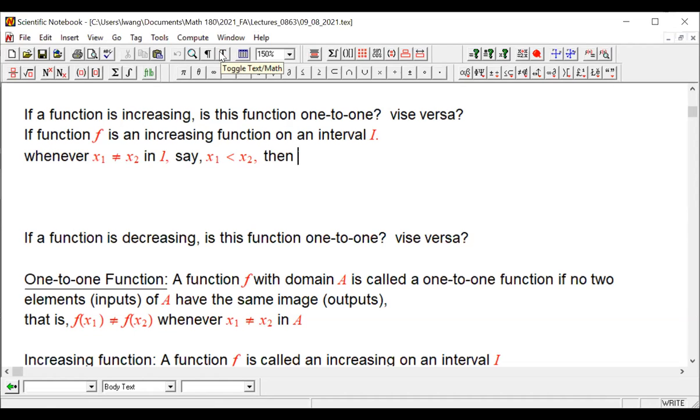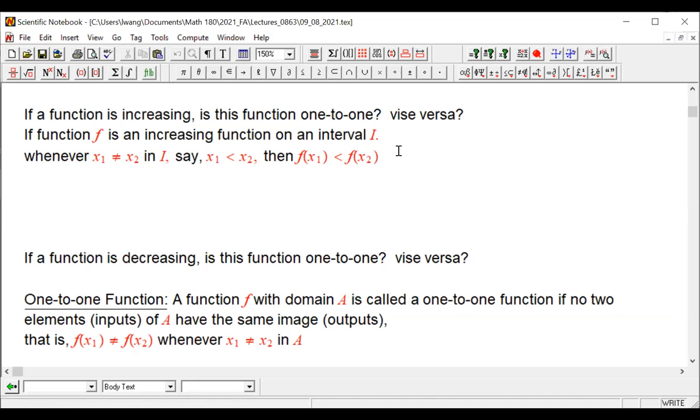Then f of x1 is going to be less than f of x2, because it is an increasing function. That's what increasing function tells us: if this is true, then this is true. And if one output is less than the other, that means they're not the same.